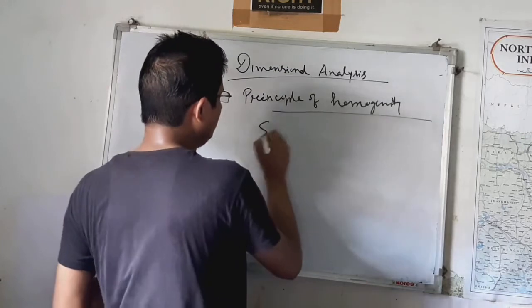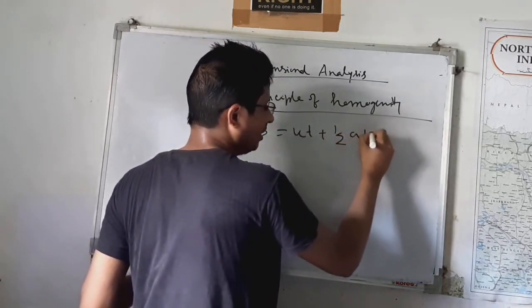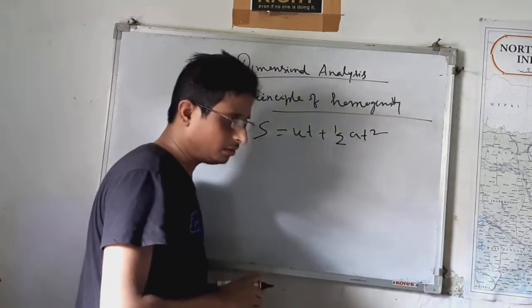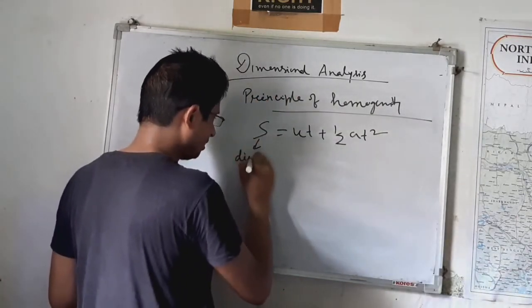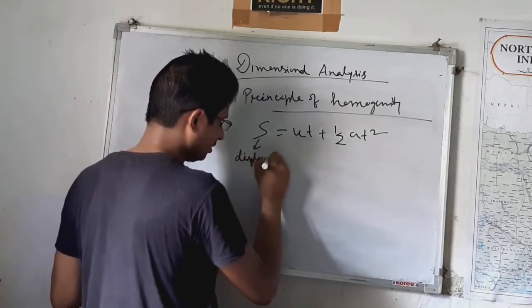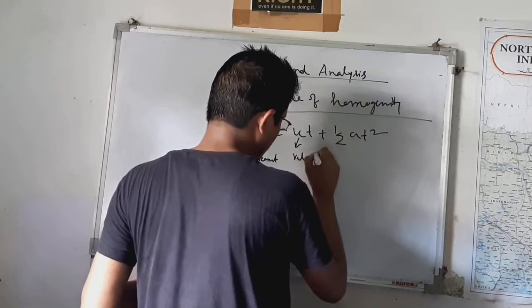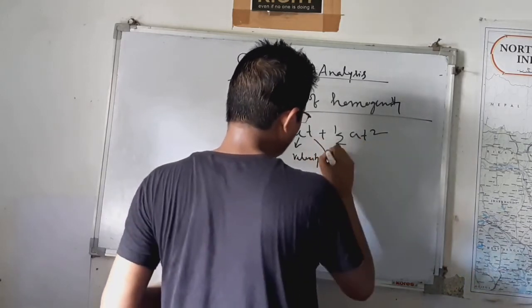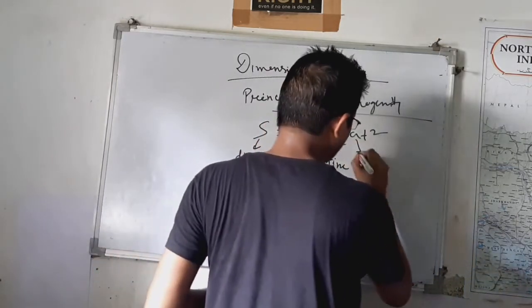Let S equal to ut plus half of at square. It is a simple kinematic equation where S is known as displacement or distance, u is velocity, t is time, a is acceleration.